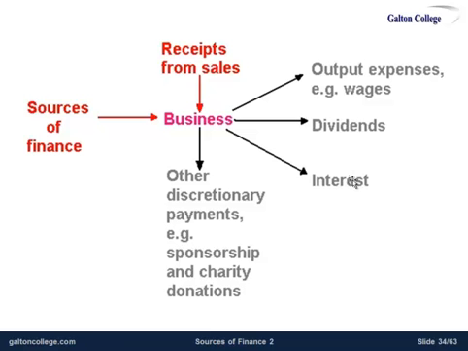We have many other classifications of expenditure going out, which mostly appear in the profit and loss account. We also have discretionary payments out of the profits. We could have payments to charities and so on. So we have a whole list of items coming out, and we have some items coming in. That's a very inadequate diagram in that sense, but it just gives a feeling for the way the thing works. We have cash flowing in and we have cash flowing out.